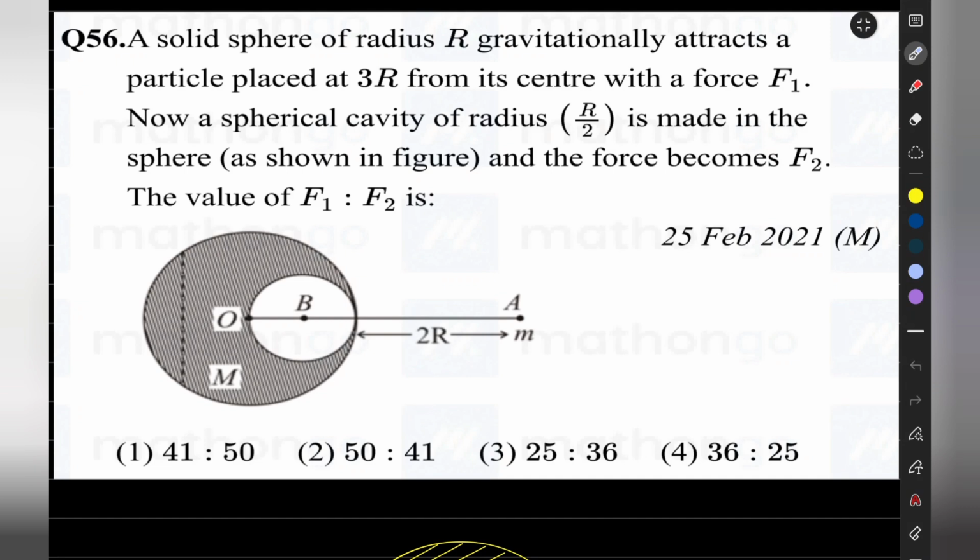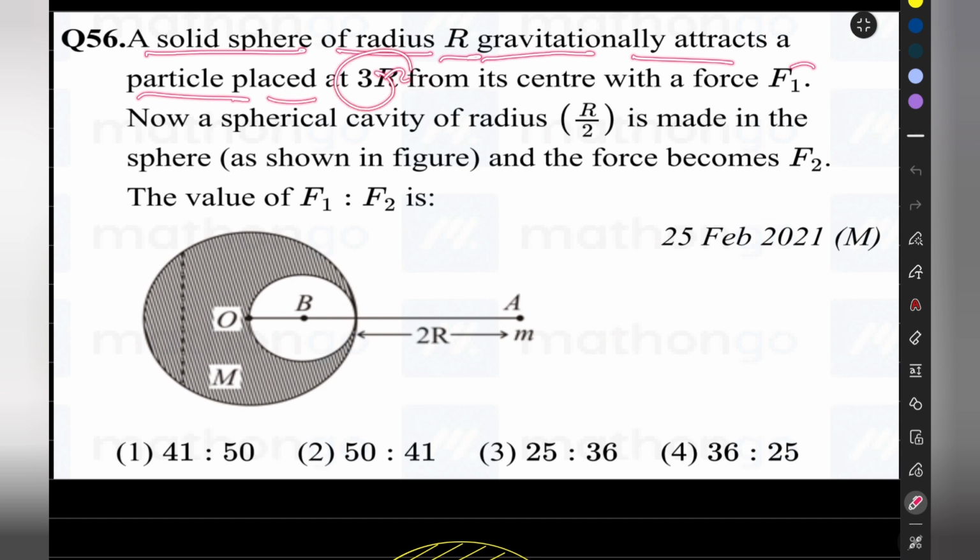So as you can see, the question is saying we have one solid sphere of radius r that gravitationally attracts a particle placed at a distance of 3r from its center with the force F1. Now, a spherical cavity whose radius is r by 2 is made in the sphere, as we can see in the figure, and the force becomes F2. What we want to find is the ratio between F1 and F2.